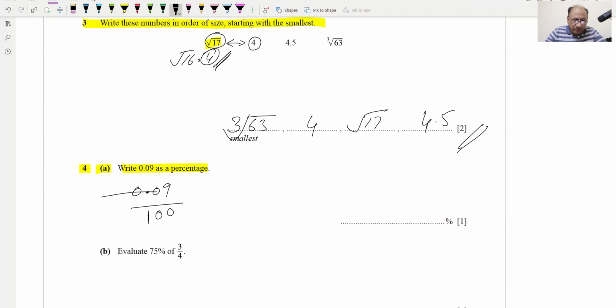So this decimal will be gone, and for the percentage we multiply by 100. The 100 will cancel with this, and we get 9%. This will be our answer, 9%, the symbol is already there, and this is a 1 mark part.